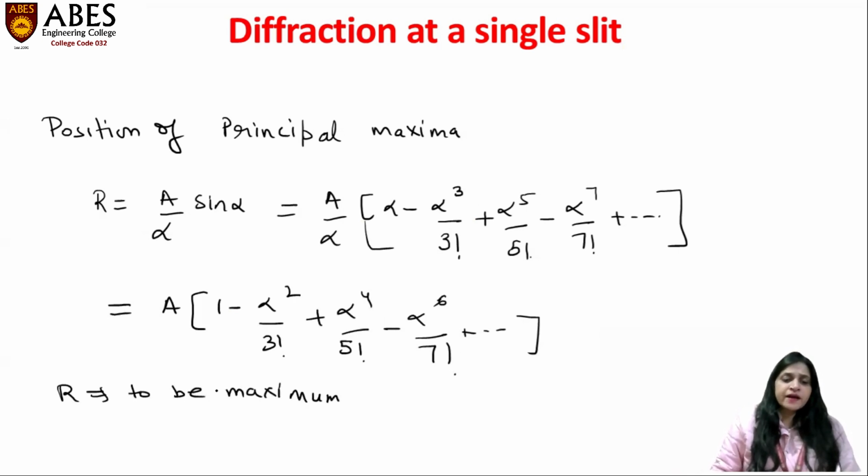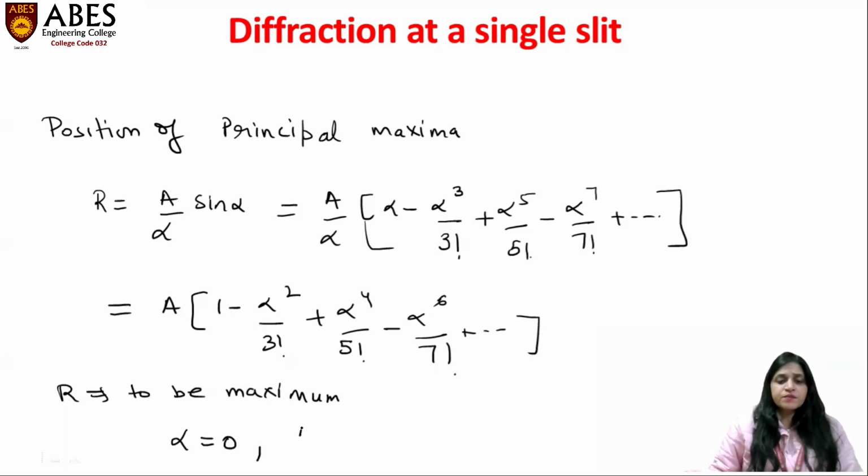Yes, R is maximum if we get the value of R as A. That will happen when all these negative terms vanish, and it is only possible when alpha is equal to 0.